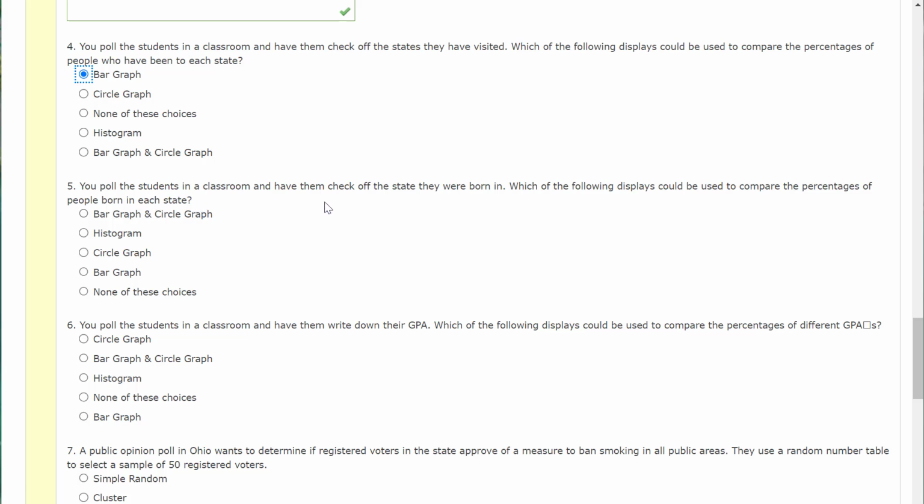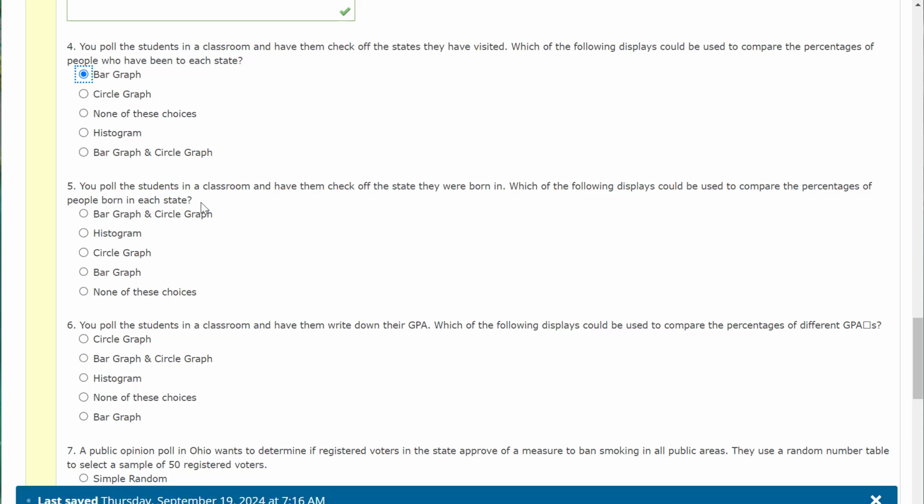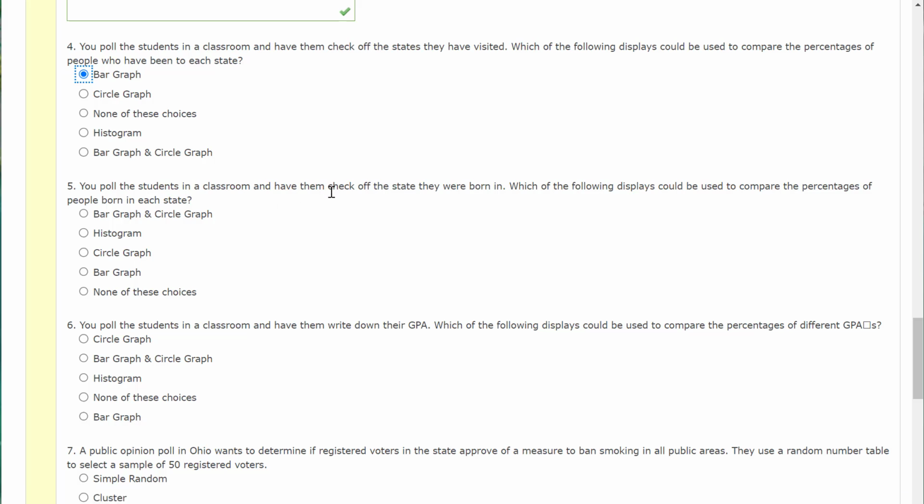Poll the students in a classroom and have them check off the state they were born in. Which of the following displays could be used to compare the percentages of people that were born in each state? So now, you're only born in one state, all right, unless you're somehow magically born on the borderline dividing the two. So we are allowed to use a circle graph, and we are allowed to use a bar graph, all right?